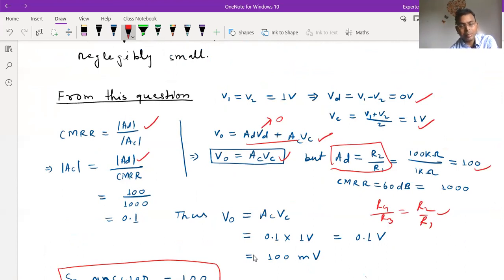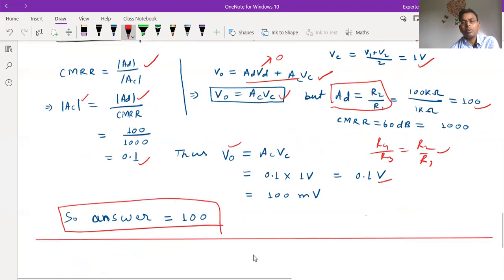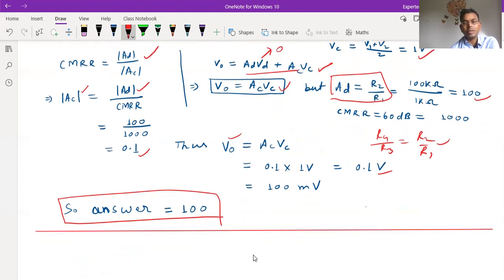So we can find the value of mod AC, which is nothing but 100 divided by 1000, which is equal to 0.1. Now put the value of AC and VC in this equation, we will get VO is equal to AC VC, which is 0.1 into 1 volt, which is equal to 0.1 volt, which is equal to 100 millivolt. So the answer is 100 millivolt.